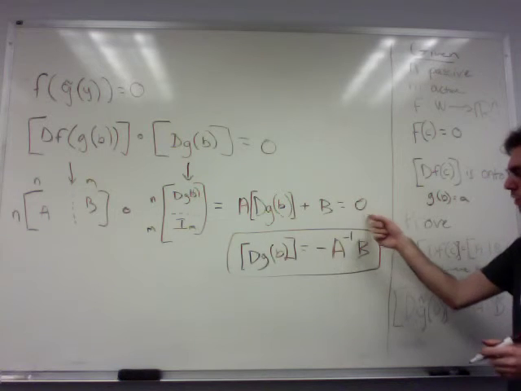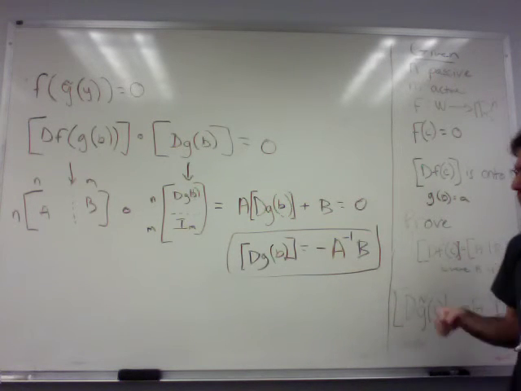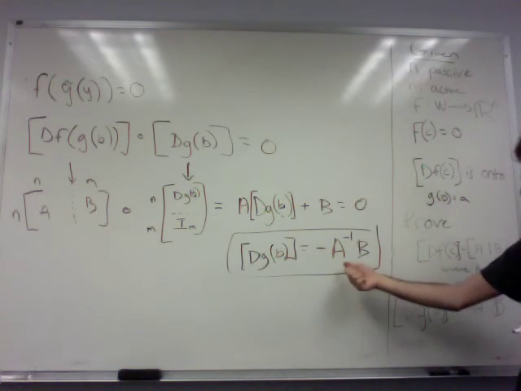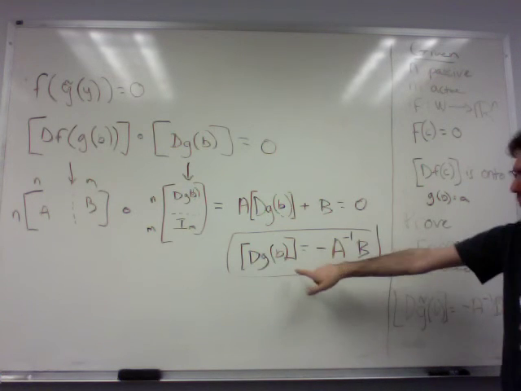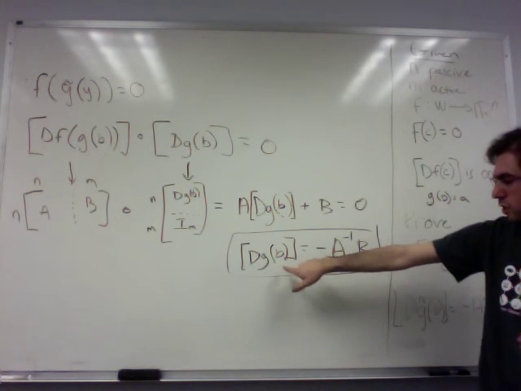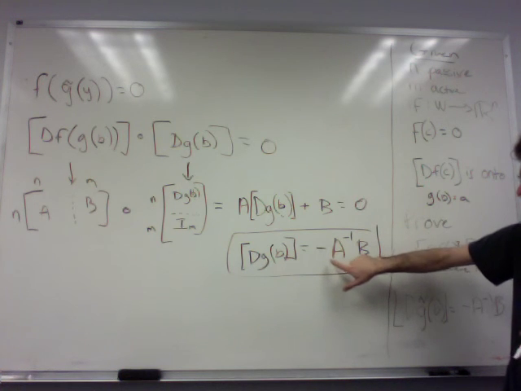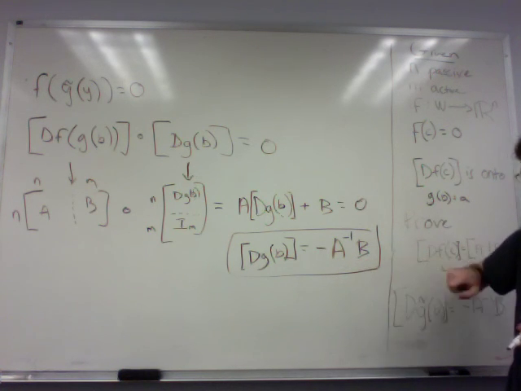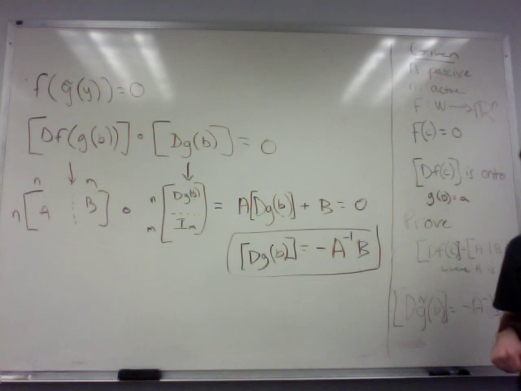We move that over, we apply the A inverse on both sides, and we've shown that the derivative of g at b is equal to minus A inverse composed with B. And that's proof 9.1.